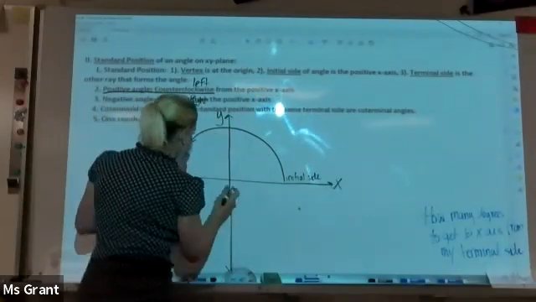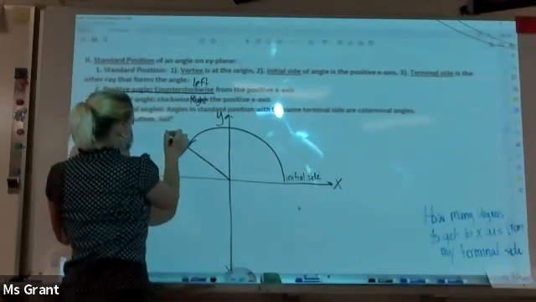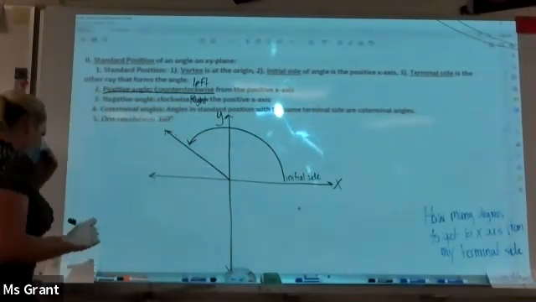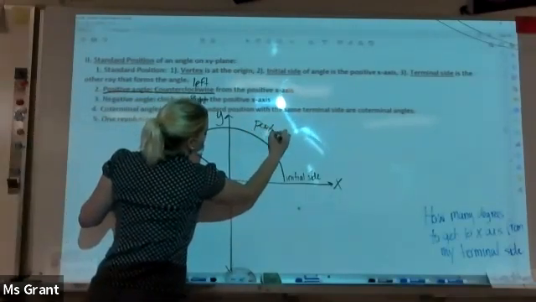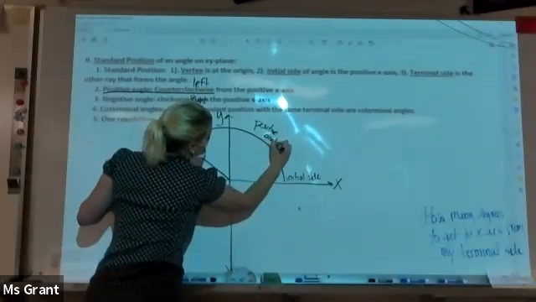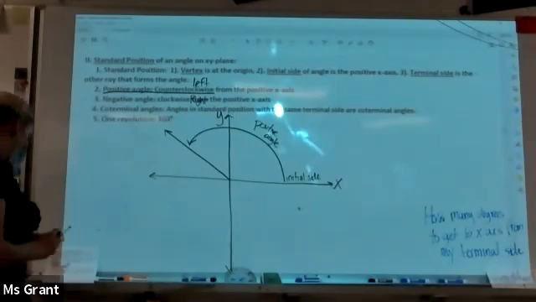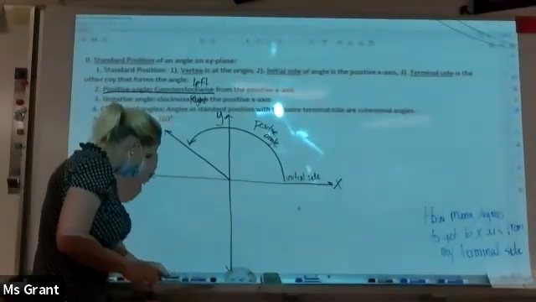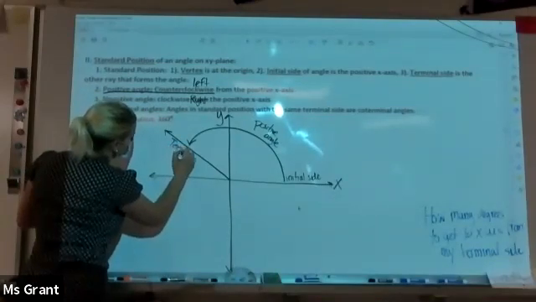Let's say the angle ends right here. So I have created this positive angle. Where it ends, this is called the terminal side.